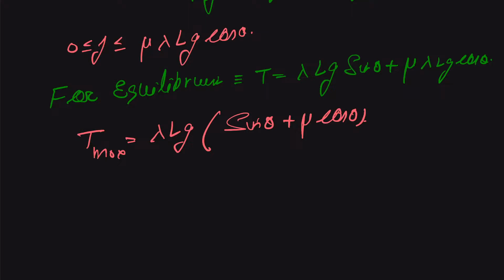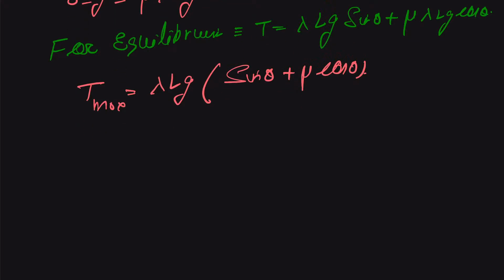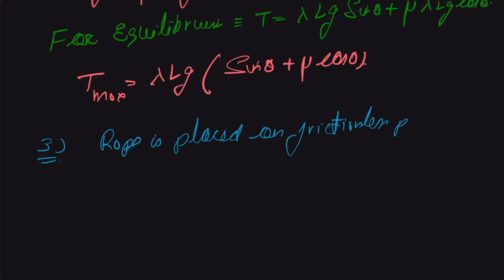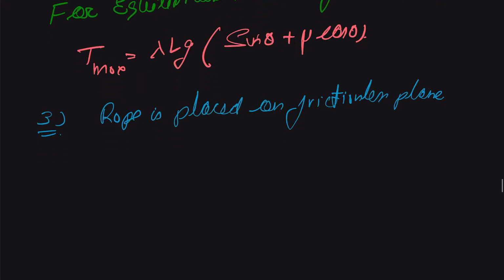Okay. And finally, we come to our third case, and in the third case we simply place the rope on the frictionless plane, and then turn it on.